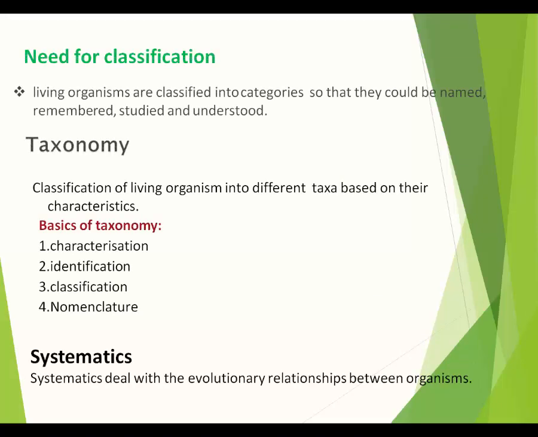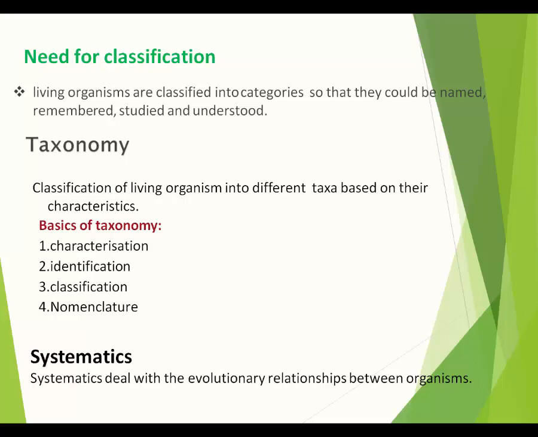Now we are going to learn about classification. As I told you, we have a large biomass. So if we have to know about them, first of all we have to categorize them in a proper manner.